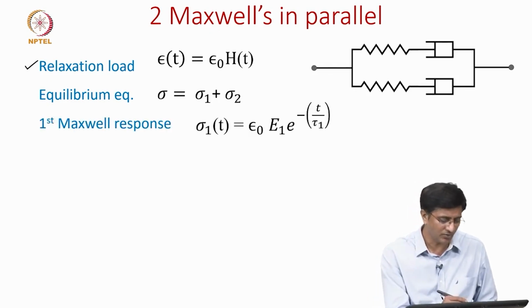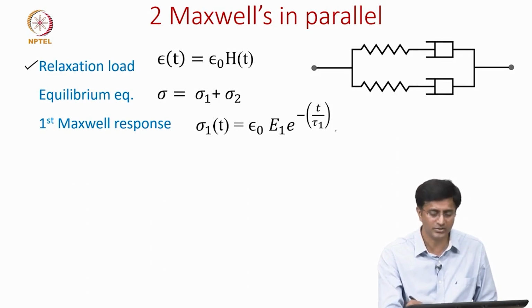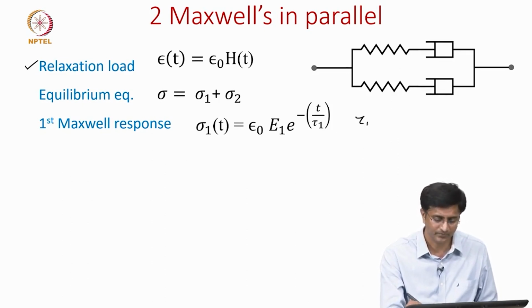For the first Maxwell model, we can find the stress response as sigma 1 of t, which is the stress in the first Maxwell, given as epsilon naught E1 times e power minus t by tau 1, where tau 1 is the first relaxation time given as mu 1 by E1.